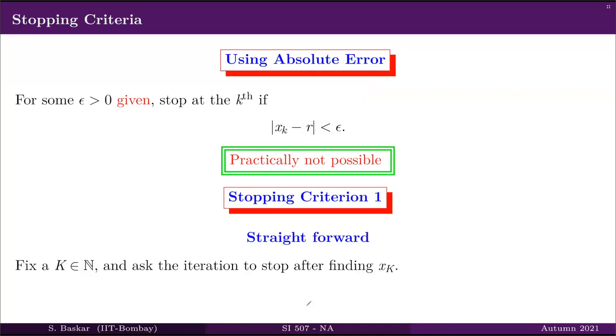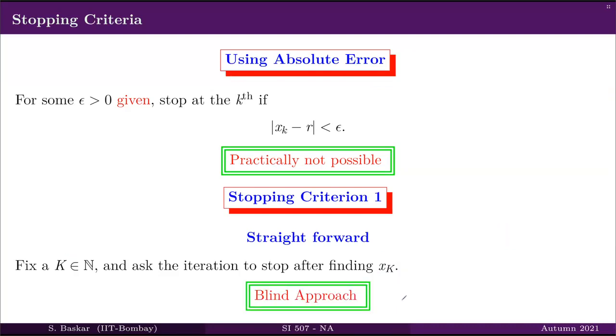Well, one very straightforward idea is you just choose a k arbitrarily, some natural number, and simply stop your iteration after k iterations. That is, say you take k equal to 100, and you stop your calculation once you hit k equal to 100. But this is blind. Why?